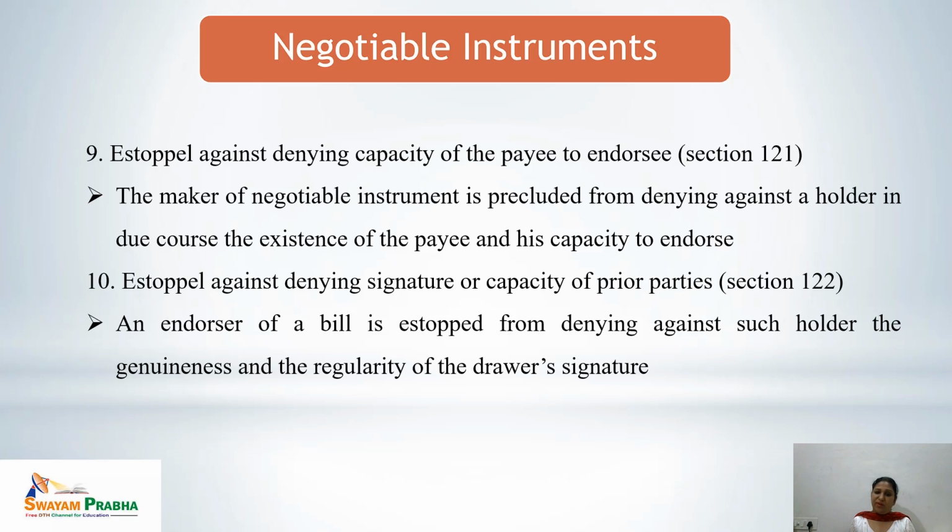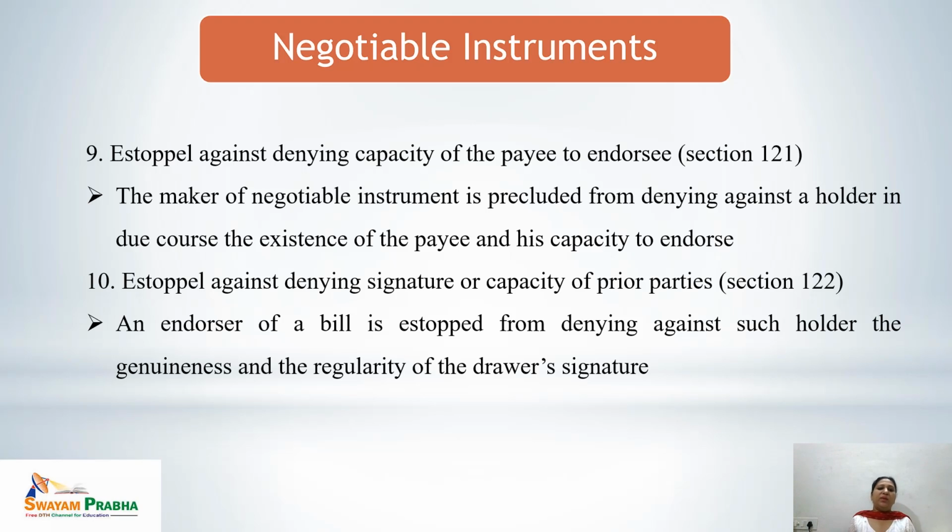That means every maker of the negotiable instrument would always be precluded from denying that the existence of the payee and the capacity of his endorsement are valid. They have the capacity to endorse it and to pay for it.